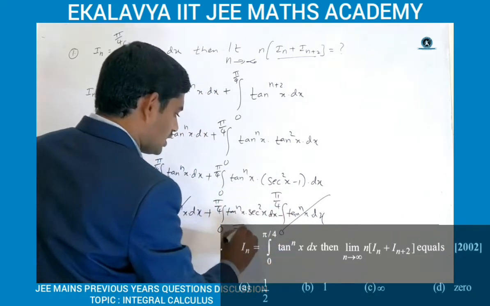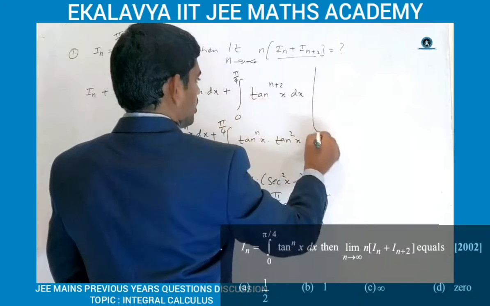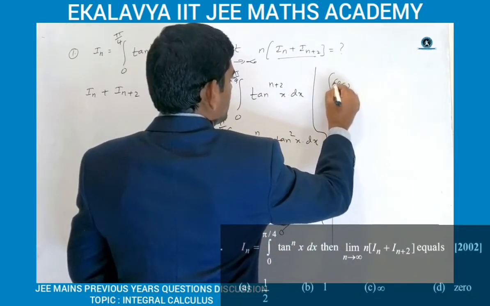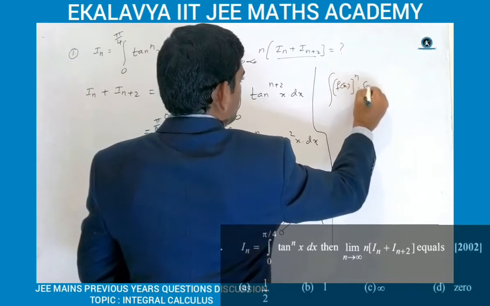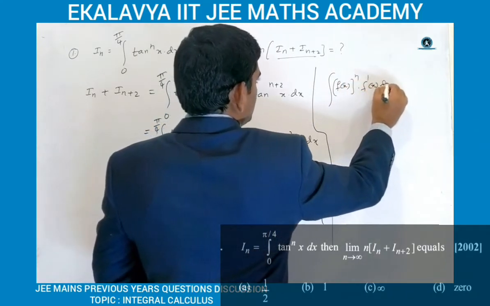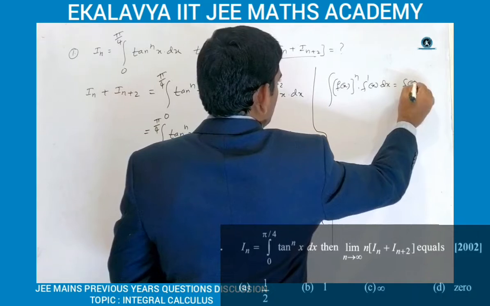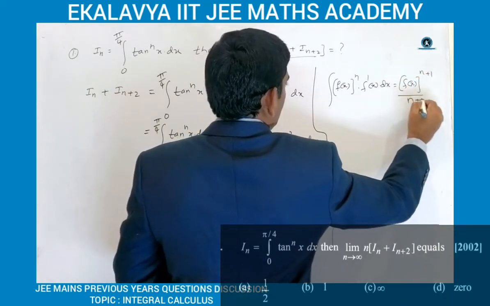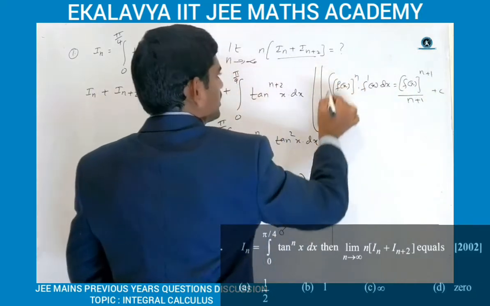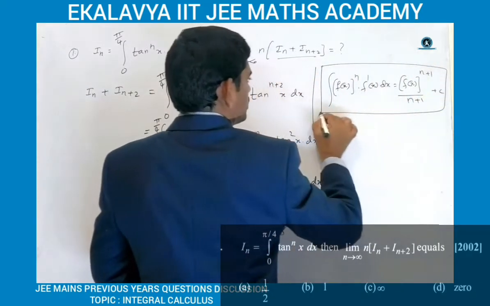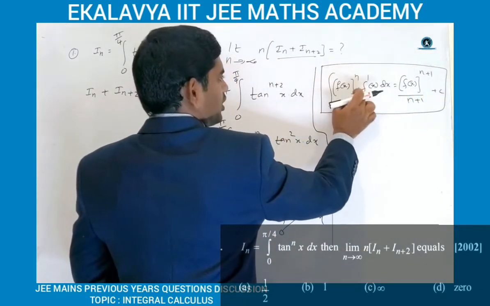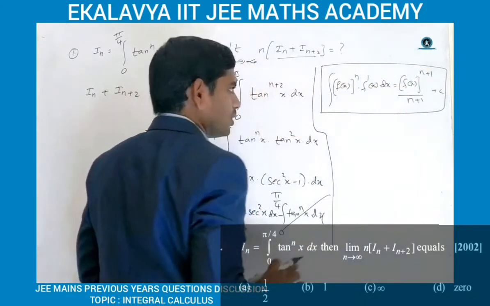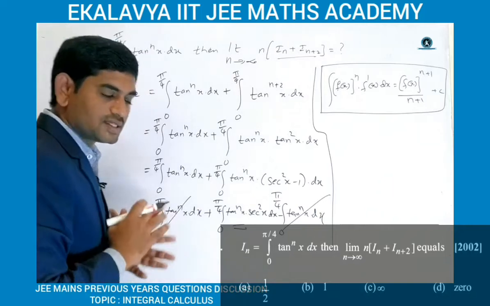So now how can we integrate this? We have the formula: integration of f of x whole power n into f dash of x dx is equal to f of x whole power n plus 1 upon n plus 1 plus c.